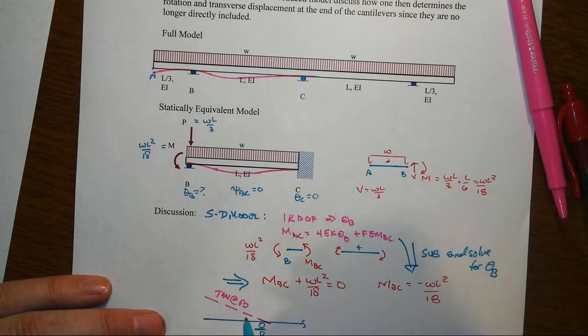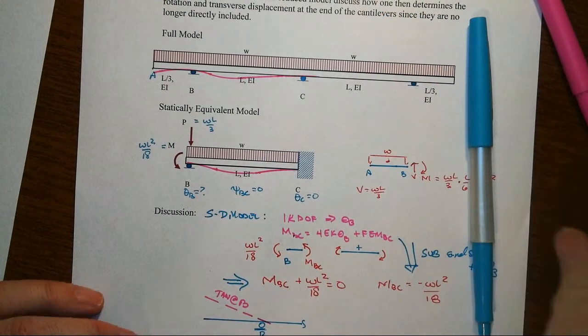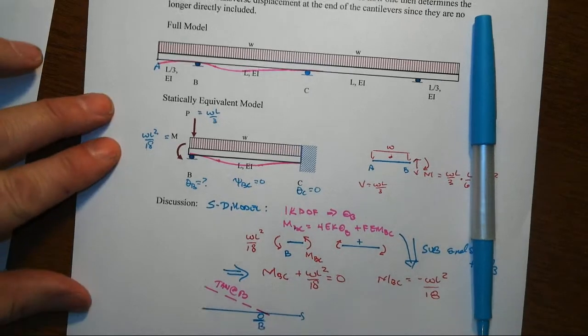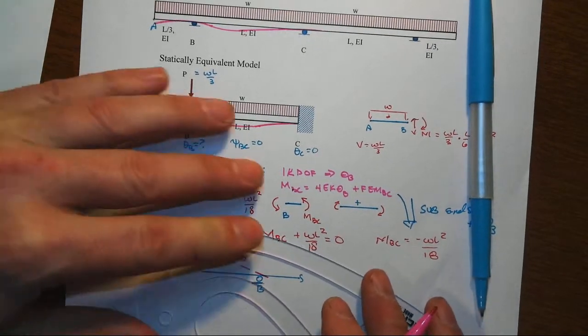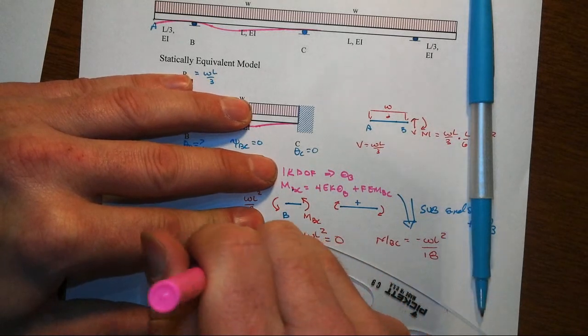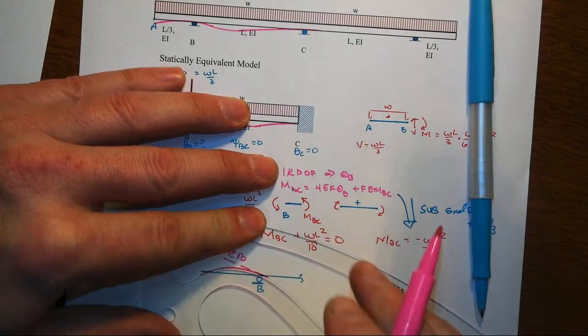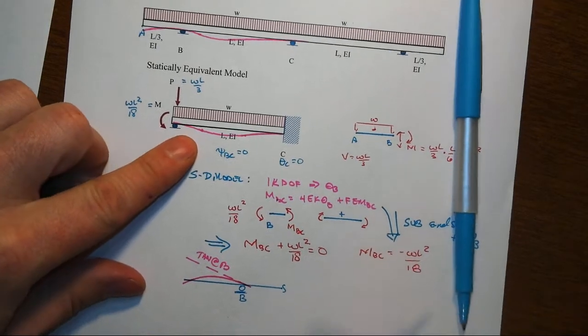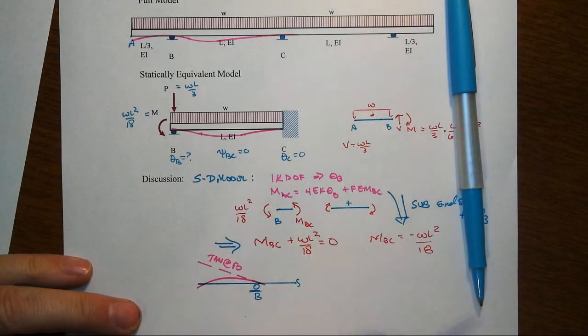And so what's going to happen here is the real curvature is going to be the cantilever curvature superposed on top of the curvatures and rotations that are happening from the middle.